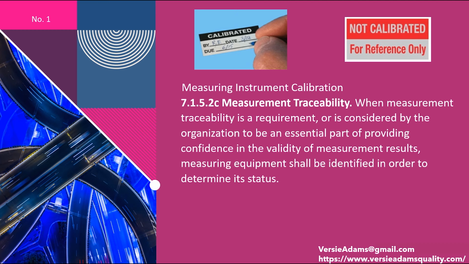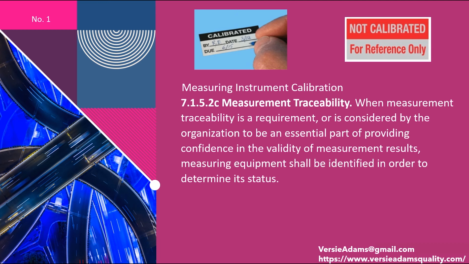The other instance that I'm often finding is I'll go out into production and I will not see either a calibration label or a for reference only label on a measuring instrument such as a micrometer, a caliper, a dial indicator, a height gauge, something like that. And that's no good.